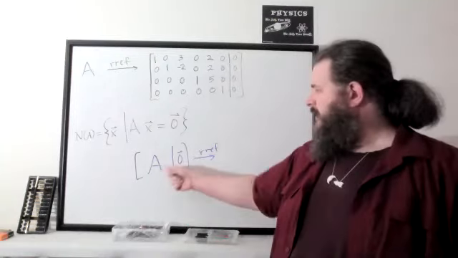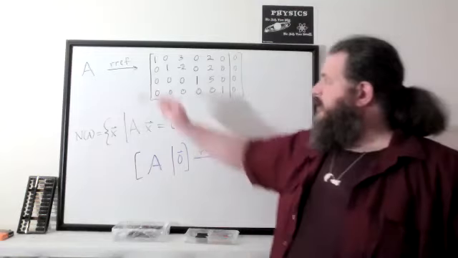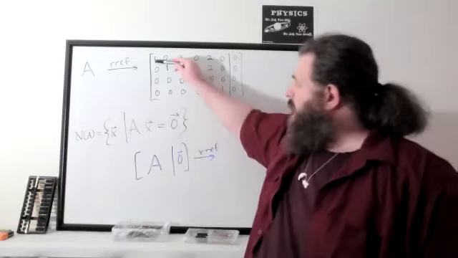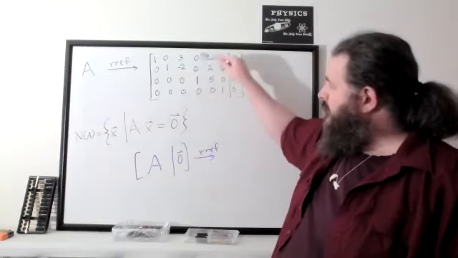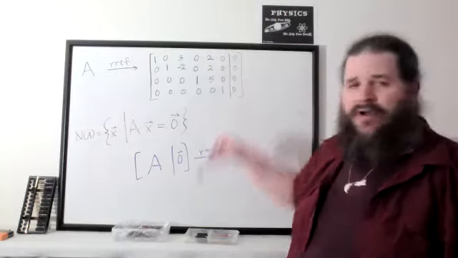So you augment A with the 0 vector, and you row reduce it all the way to reduced row echelon form. So every pivot is a 1 and alone in its column, 1 and alone in its column, 1 and alone in its column, 1 and alone in its column.